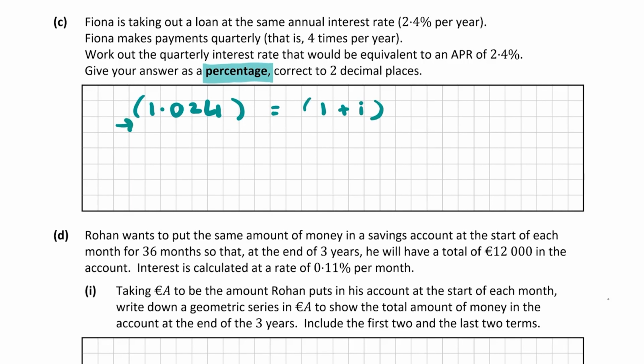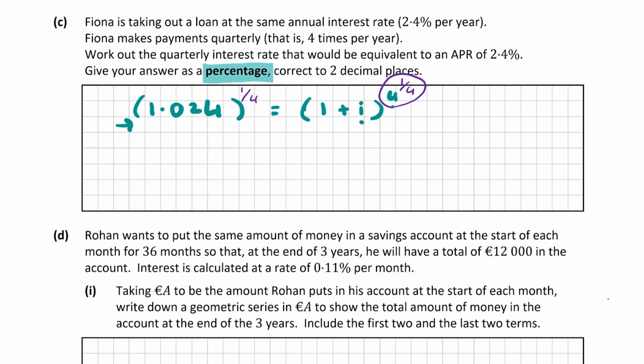So this is 1 plus i for the interest rate for the yearly rate. But we're going to put that to the power of 4 because it happens 4 times. Now, we want to find this i here. That's what we want to find. So I need to get rid of this to the power of 4. So I'm going to put the left-hand side and the right-hand side to the power of a quarter. When I put this to the power of a quarter, it cancels out and we're left with 1 because I multiply 4 by a quarter and that gives me 1.